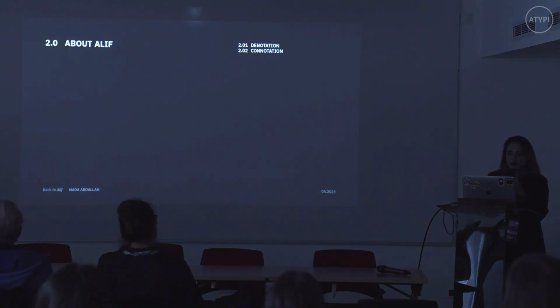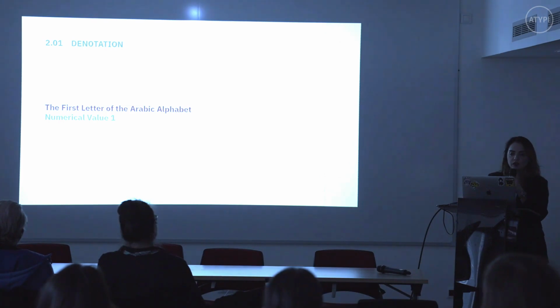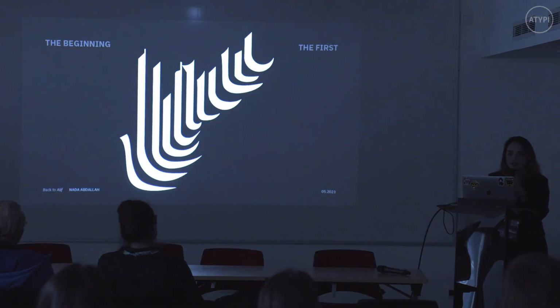And to move now into the Alif, it is literally the first letter of the Arabic alphabet with a numerical value of 1. This is also showing you some of the different variations of the primary found in or extracted from different manuscripts.